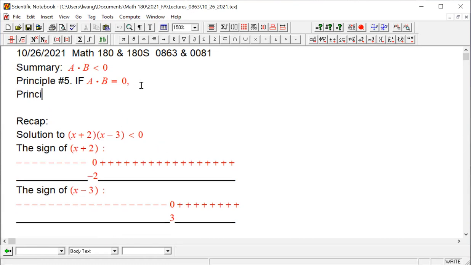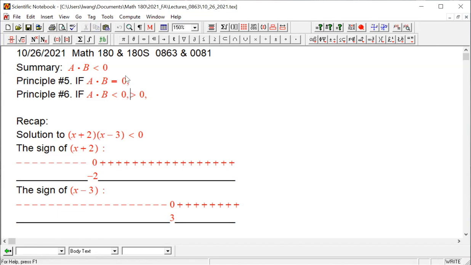Principle number 6 says, well, if A times B is less than 0, greater than 0, and so on. Do you guys see that?